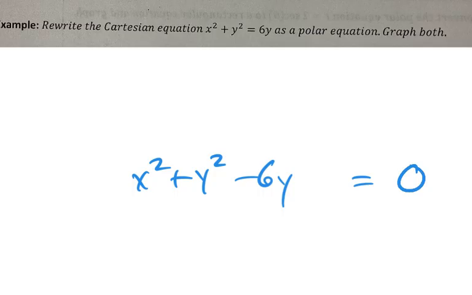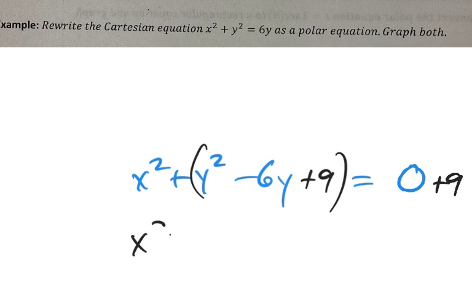And now I have to complete the square. So you take your b term, half it, -3, square it, 9, which means I need to add 9 to both sides. Which means I know what this factors to: y minus 3 squared. This is called completing the square.